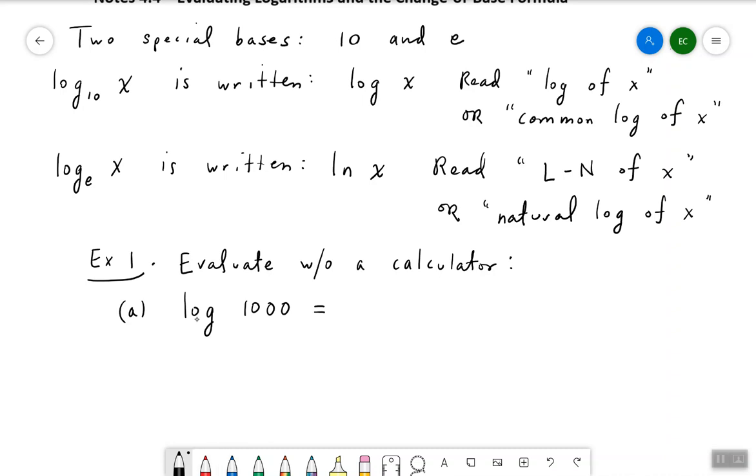So we have the common log of 1,000. And of course, when we see that, we know that the base is 10. And you could write it in if you would like. And we're asking ourselves, 10 to what power makes 1,000? And of course the answer is 3.